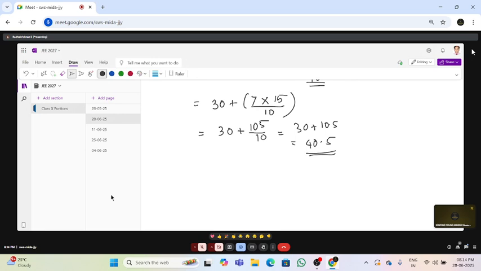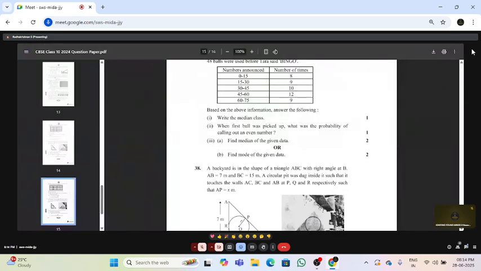The next part is calculate the mode. From this data, how can we calculate the mode? Can you tell what is the definition of mode, and what is the modal class? Mode means which value has the highest frequency.